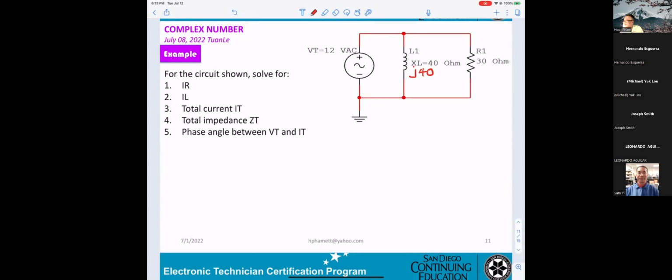So who will get the IR? 0.4. IR is 0.4 amp, or 400 milliamp.